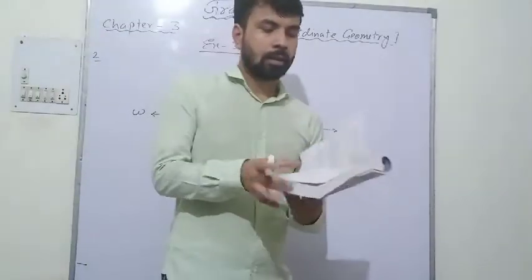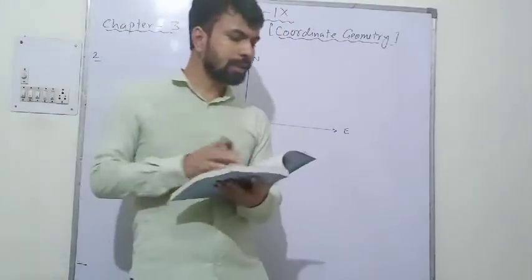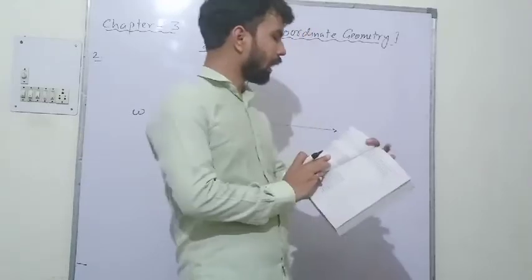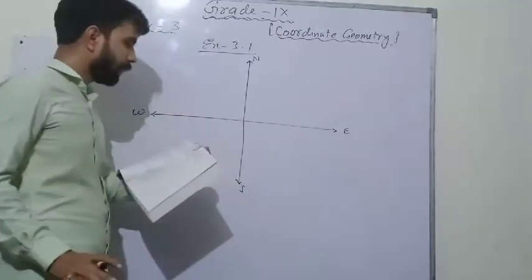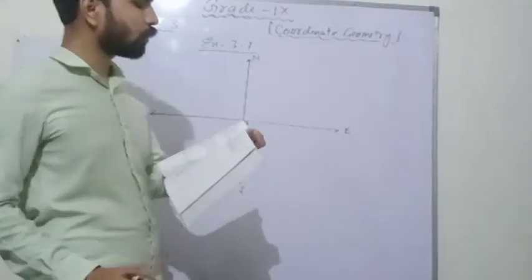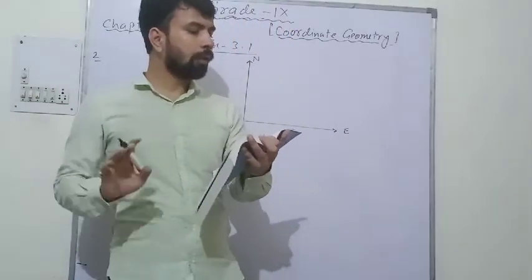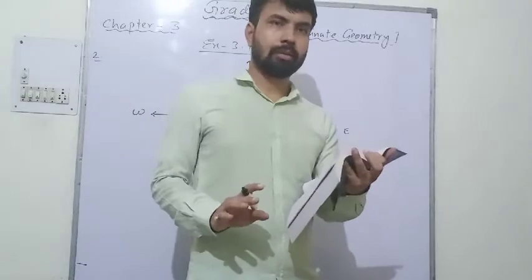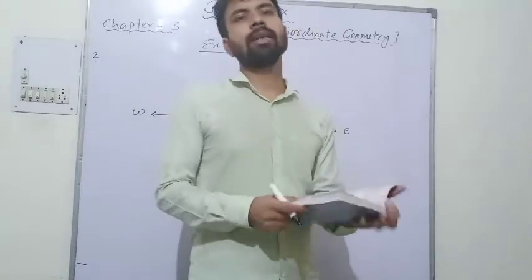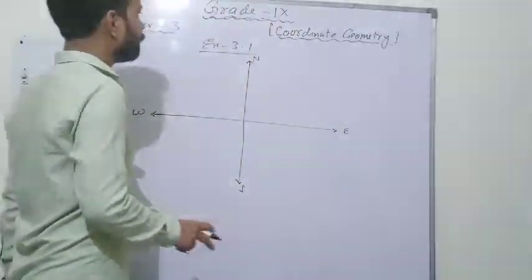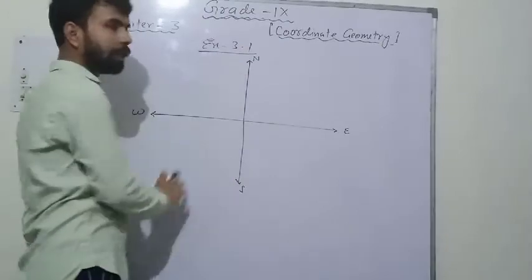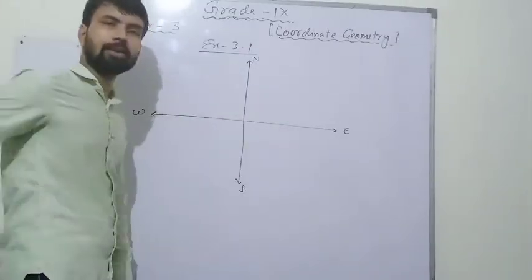Clear? Now, the question is saying all the other streets of the city run parallel to these roads and are 200 meters apart. There are 5 streets in each direction, 5 streets along the north-south direction and along the east-west direction.